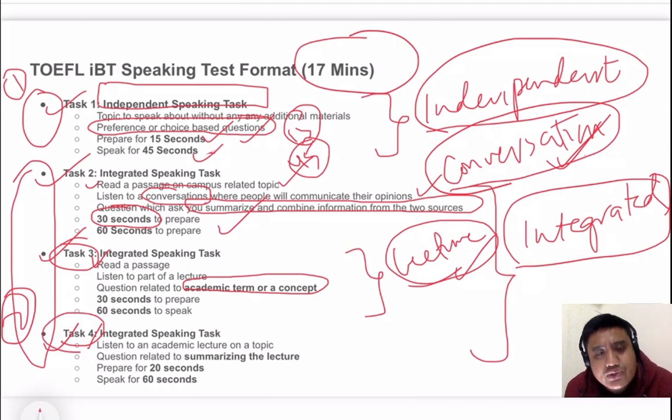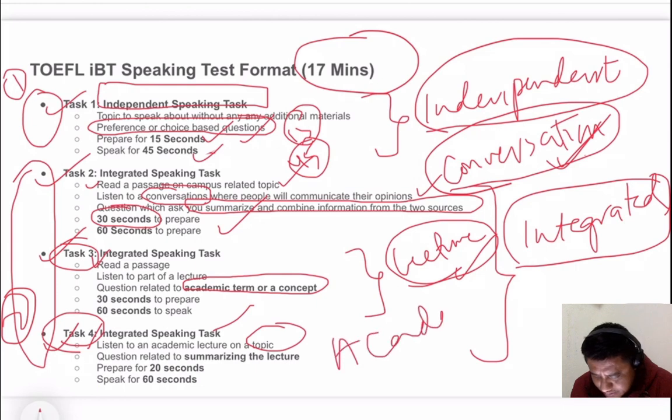Moving on to task 4. Task 4 is also integrated, okay? But in task 4, you don't have to read anything. You directly have to listen to a lecture on an academic topic. So here also it's academic.